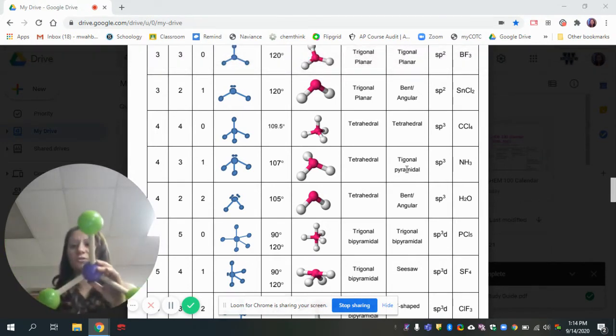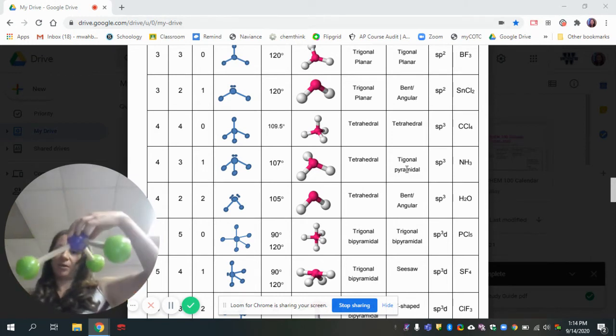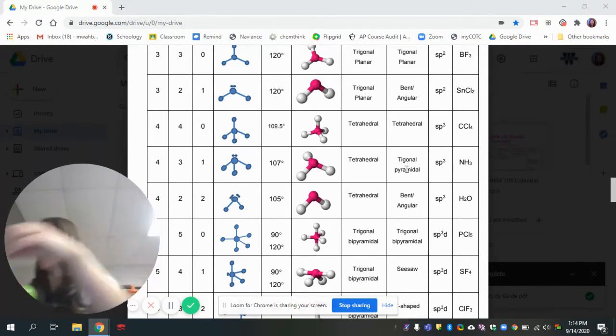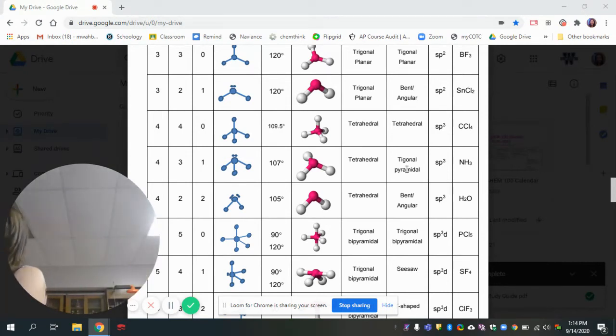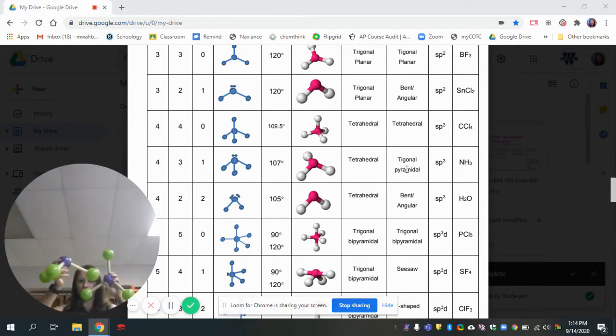The reason is trigonal is because it's base 3, 1, 2, 3, but it looks like a pyramid versus trigonal planar. So pyramidal and planar. Planar, it's in one plane, it's flat, versus pyramidal, it looks like a 3D pyramid.